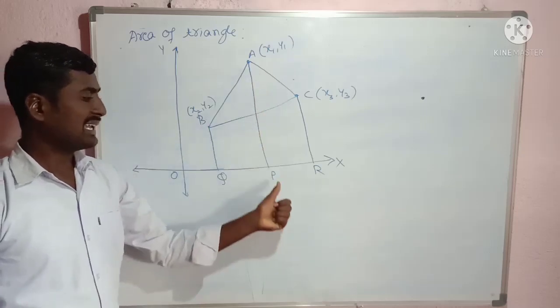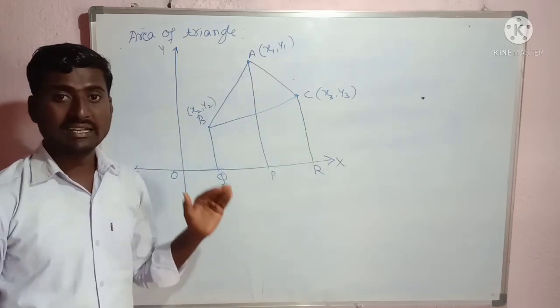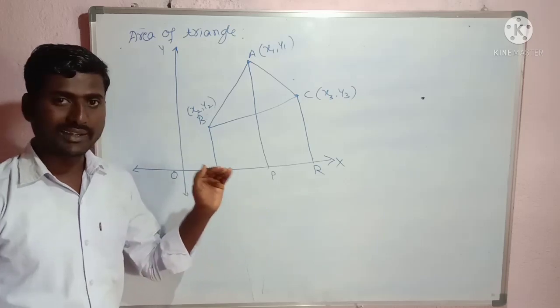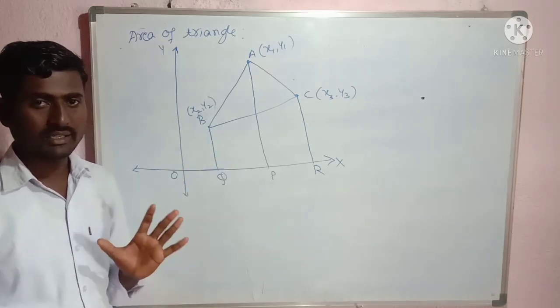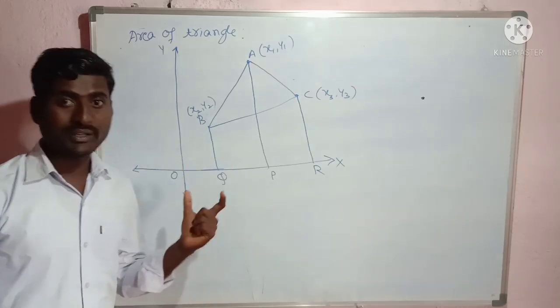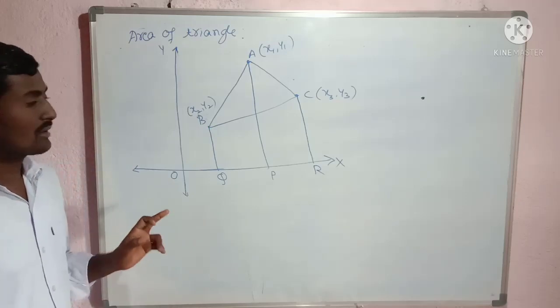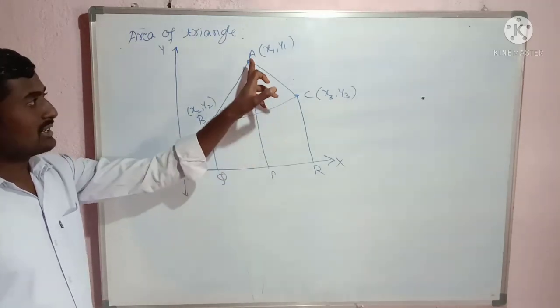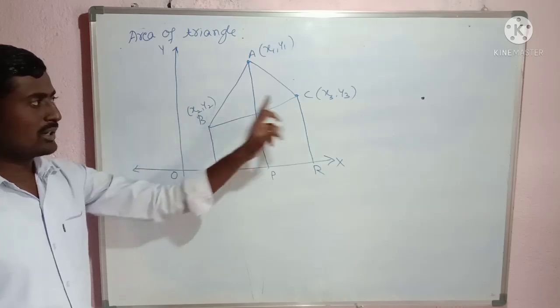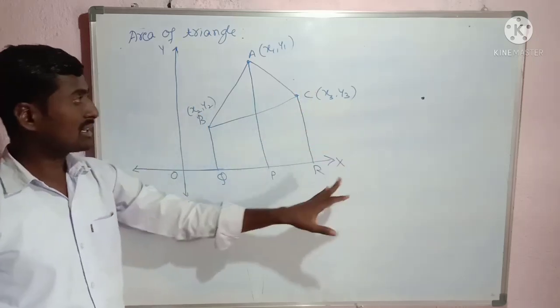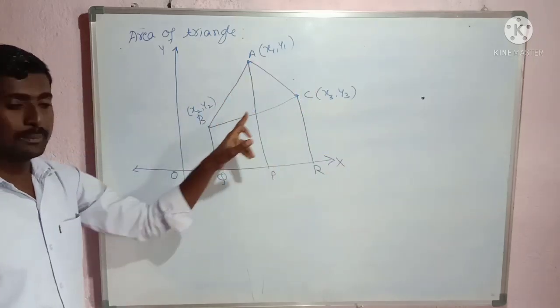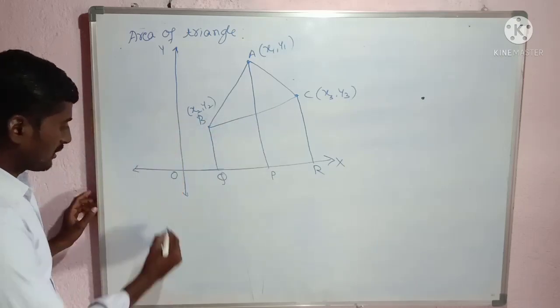BQ, AP and CR are drawn perpendicular to the x-axis. Now we have to write the explanation. Let us consider A x1 y1, B x2 y2, C x3 y3 are the vertices of a triangle ABC.